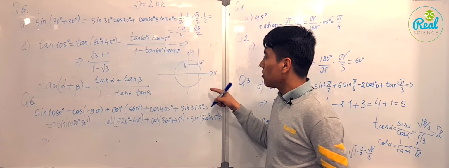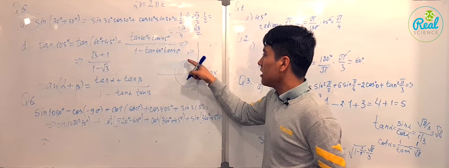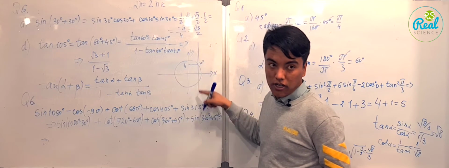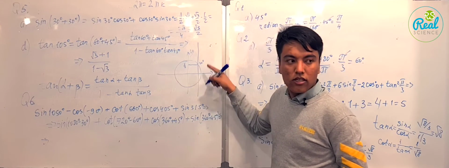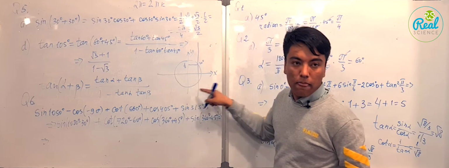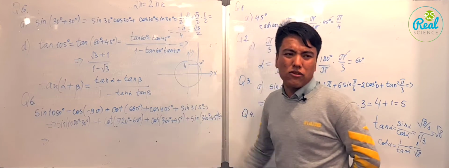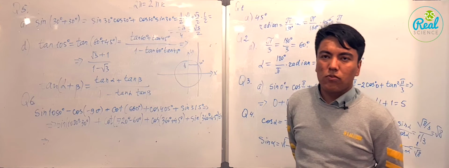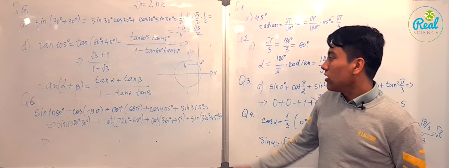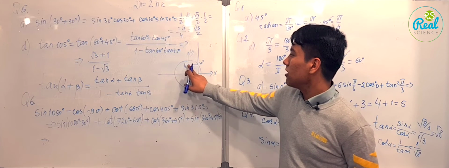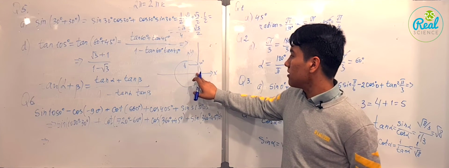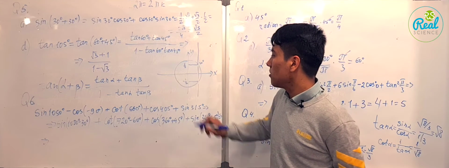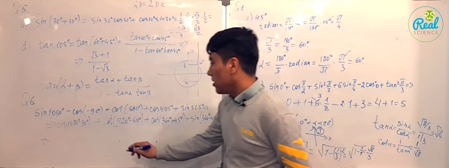No, sorry. Vertical line here is just y, but here it's x. Sorry, vertical asymptote is x, horizontal asymptote was actually y. But it's only necessary for finding the value. Here it's a little bit different, students. If it's 30, y is 1 over 2. If it's 30, it's going to be the same value, but with minus. Minus 1 over 2.